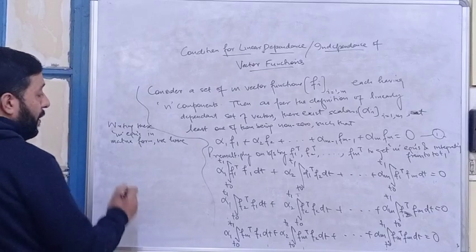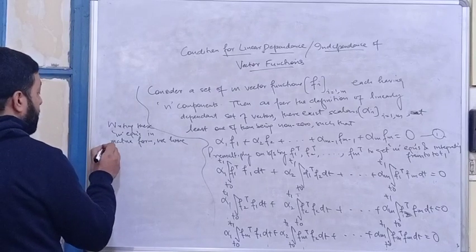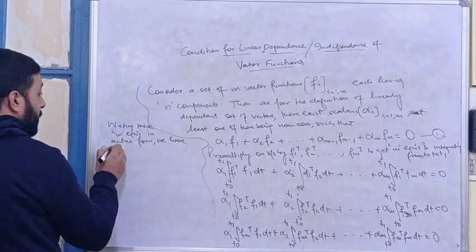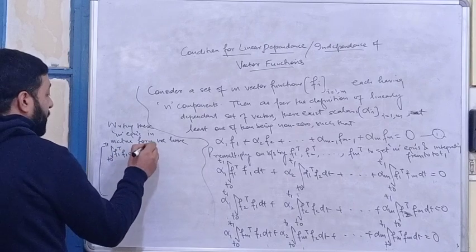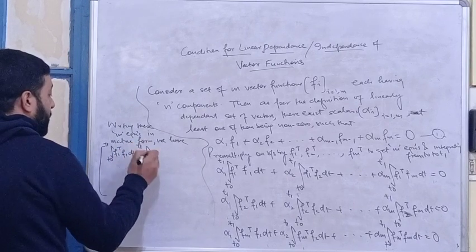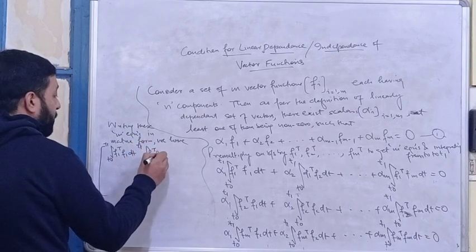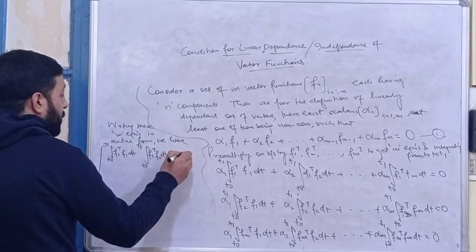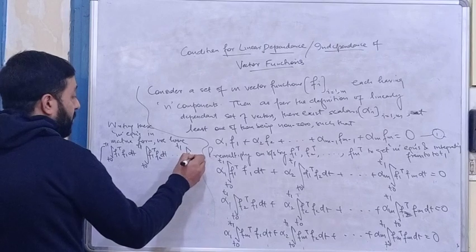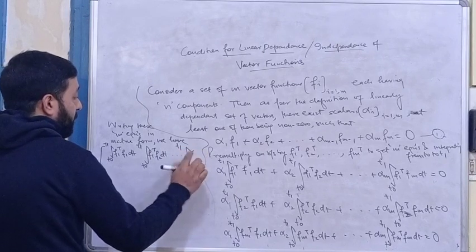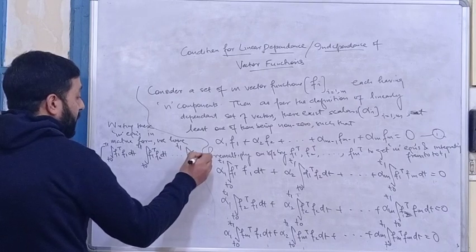We have, like this: integral from t naught to t1 of f1 transpose f1 dt, integral from t naught to t1 of f1 transpose f2 dt, and so on, up to integral from t naught to t1 of f1 transpose fm dt.